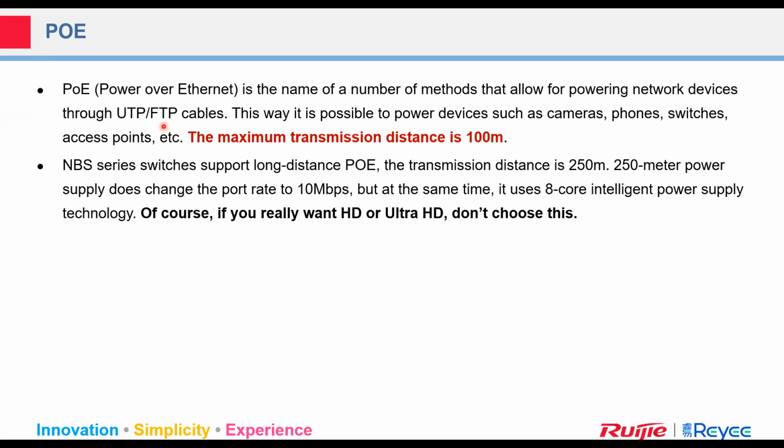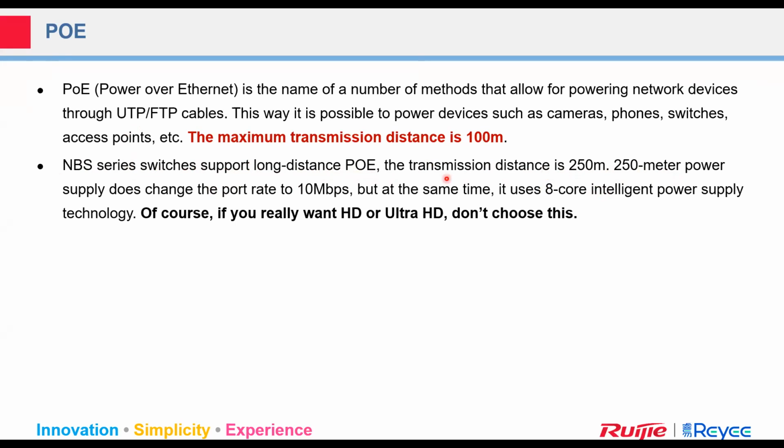If you use PoE, the maximum distance for this UTP cable is 100 meters. However, NBS does support long distance PoE, so you can do up to 200 meters of UTP cable to support PoE.